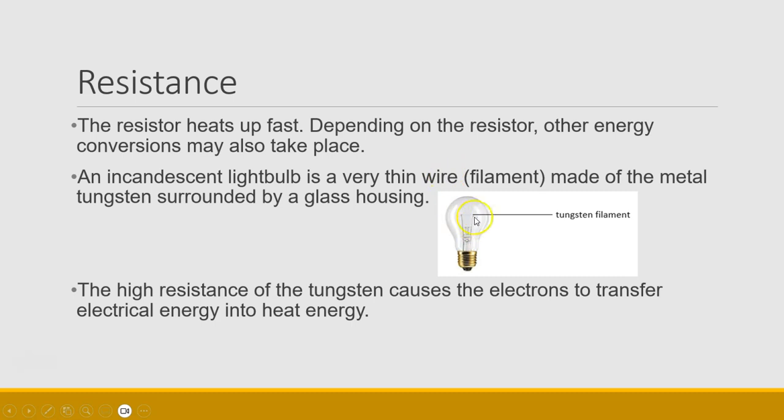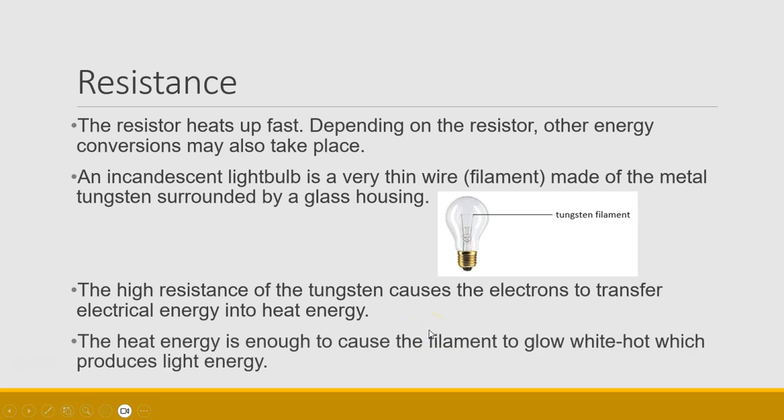Now, when it enters the tungsten filament, it is facing very high resistance, and that causes the electrical energy to transfer into heat energy. And that heat energy is so high that it causes this filament here to glow white hot, which then produces light energy.